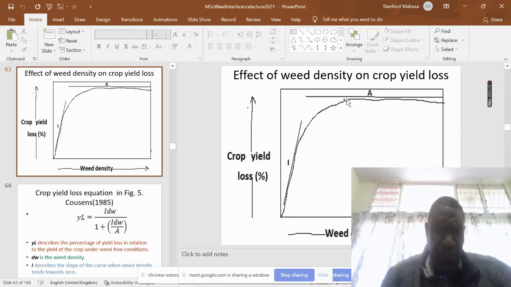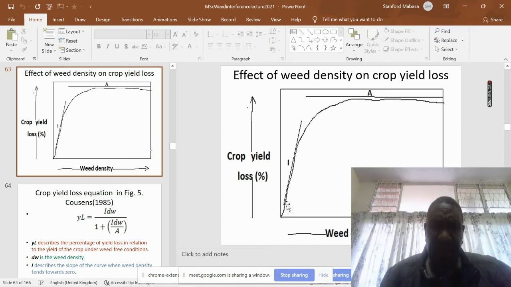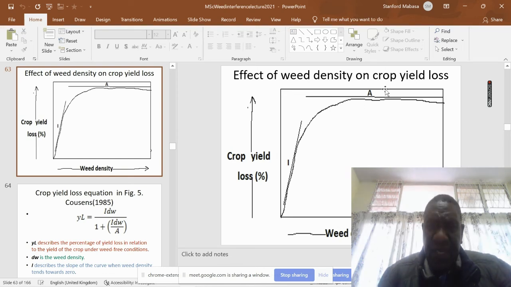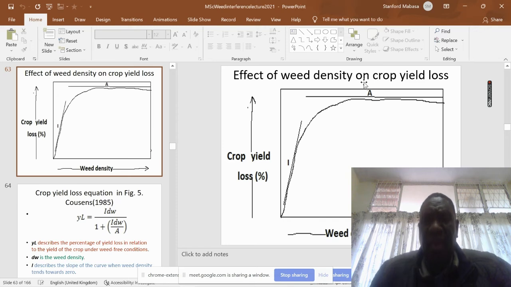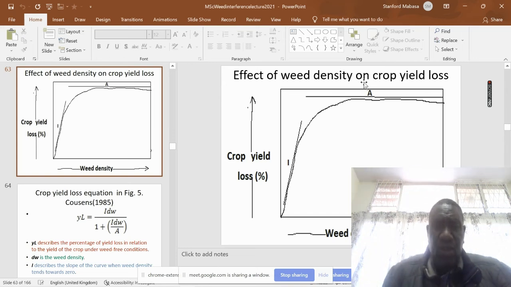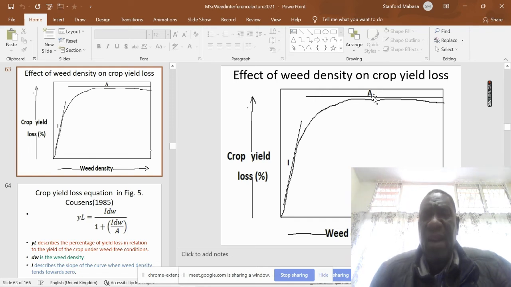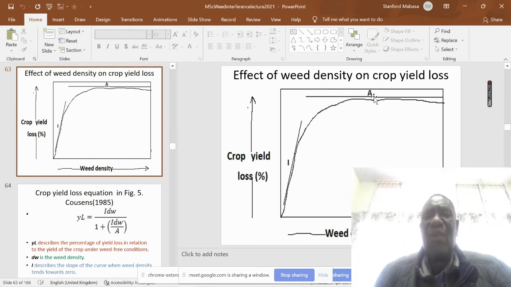The first point which we can identify is this one, the slope, which is represented by I. And we have also the maximum crop yield loss, which is represented by A. So for the weed, we will have two indices, I and A. So I and A could measure competitive ability of a weed.